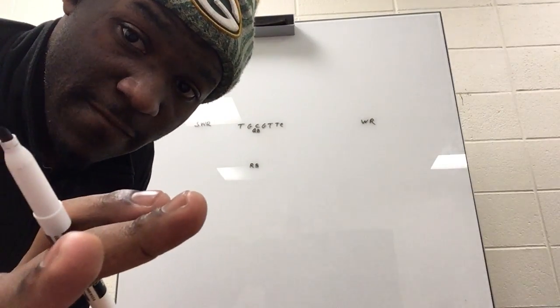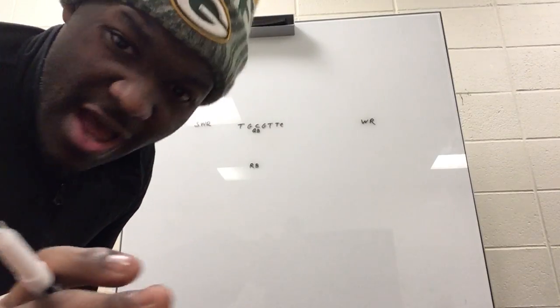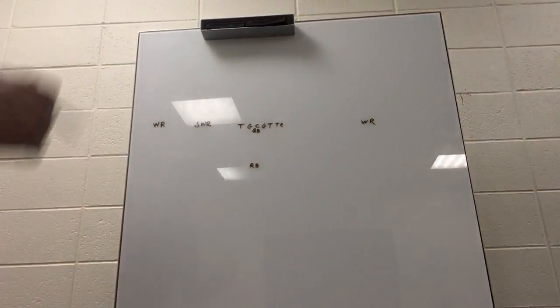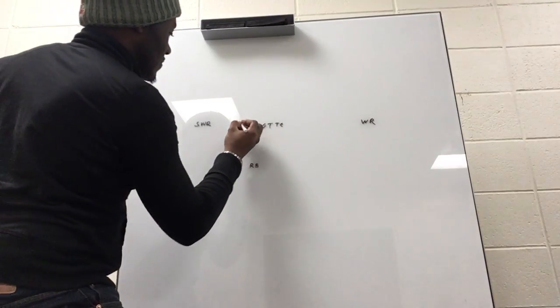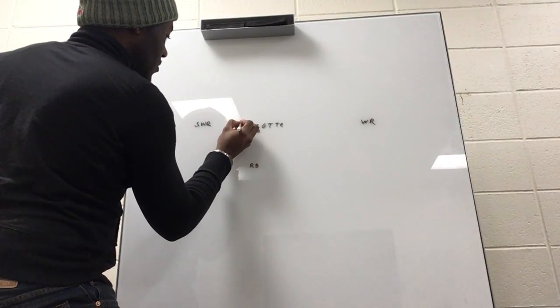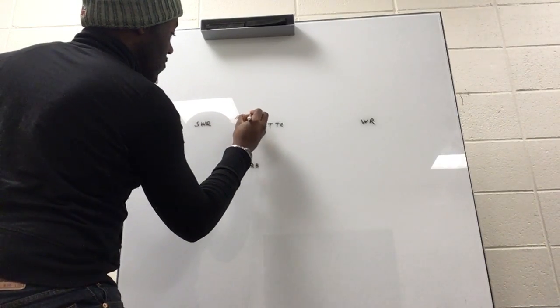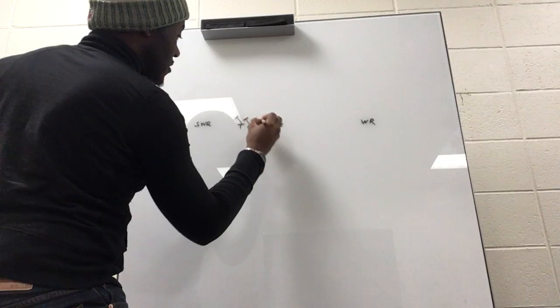Now for this play, I'll make it so that the offensive line zone scheme blocking is flowing towards the left side. So they're flowing towards the left while they're still blocking.